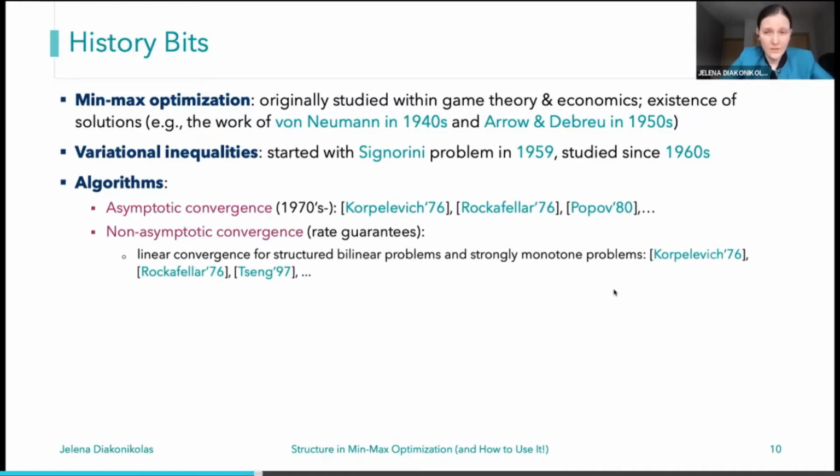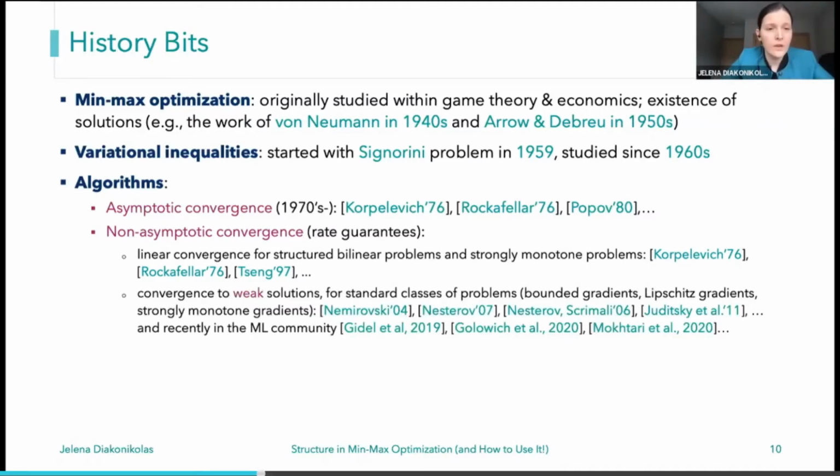In terms of rates for just general problems, which would be like smooth minimax without strongly convex-concave, I think some of the earliest results are due to Nemirovsky and Nesterov, and there is a whole line of work that has followed.